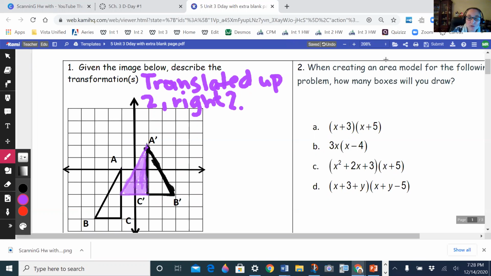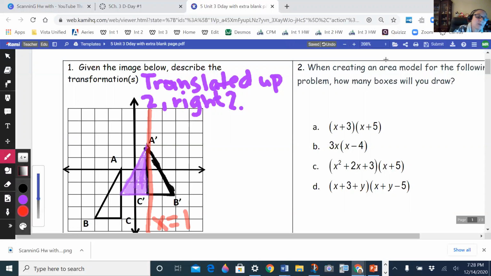Then we want to reflect it. To reflect it, we are going to reflect it across a particular line. That line is a vertical line, and it's going to be x equals 1.